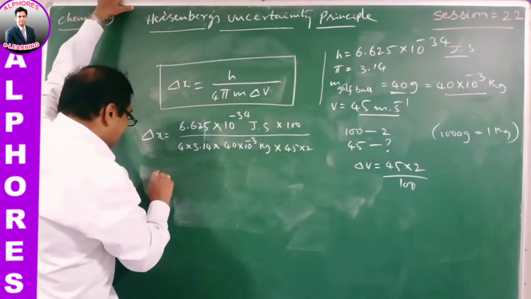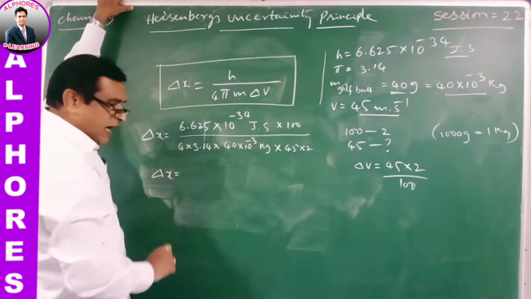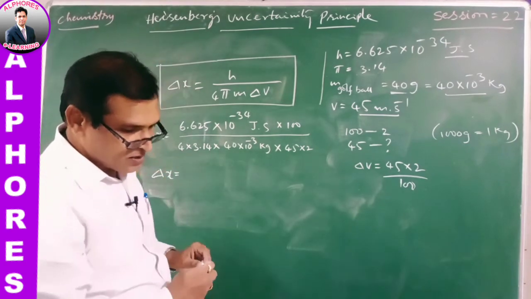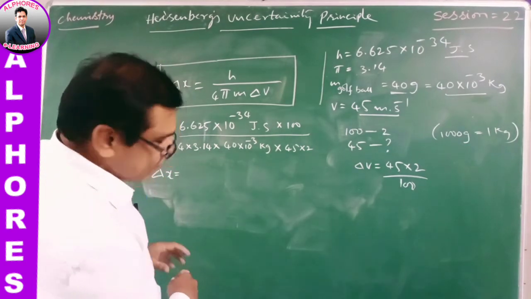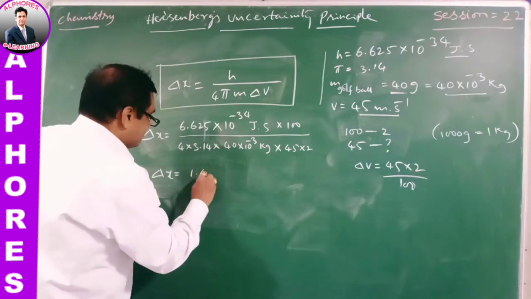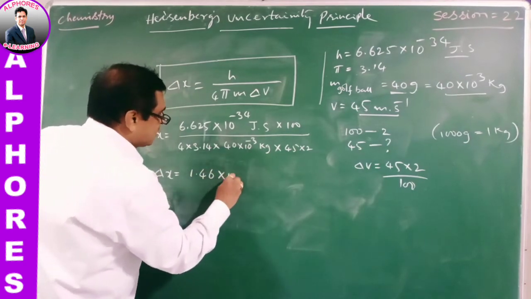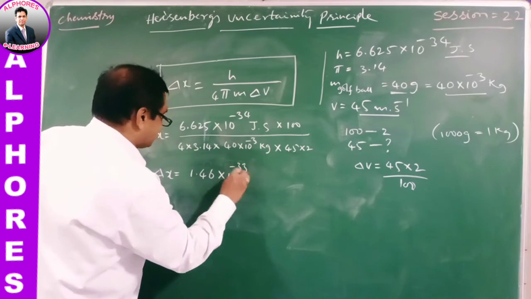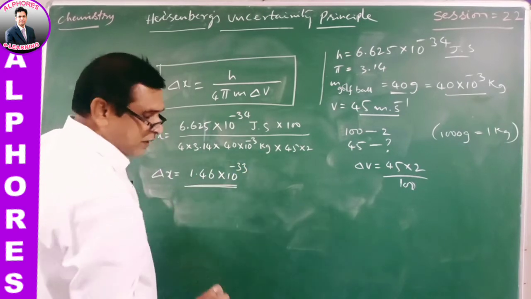Then delta x we can calculate as 1.46 into 10 to the power minus 33 meters.